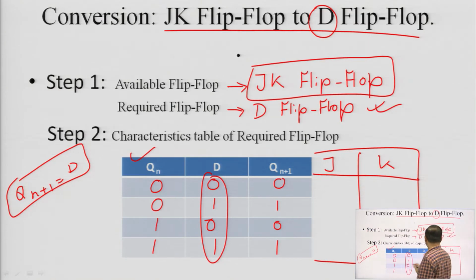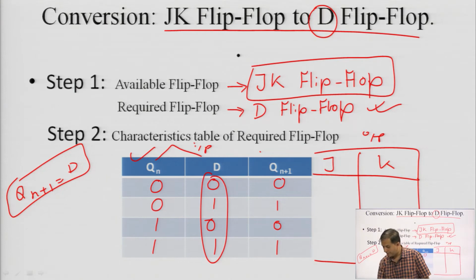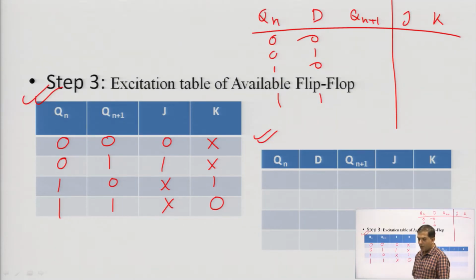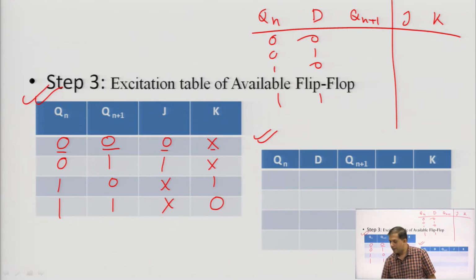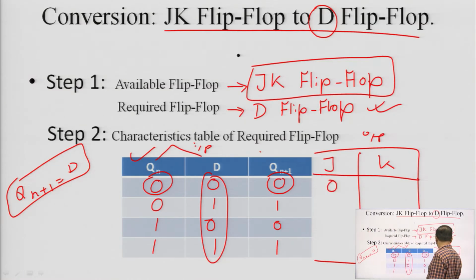So, check when these are the inputs, this is the next state and these are the outputs. Let us check the condition when Qn and Qn plus 1 are 0 0, the output J and K is 0 cross. So, here when Qn is 0 and Qn plus 1 is 0, then the J and K values will be 0 and cross.